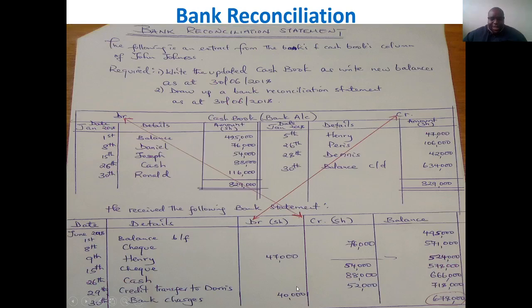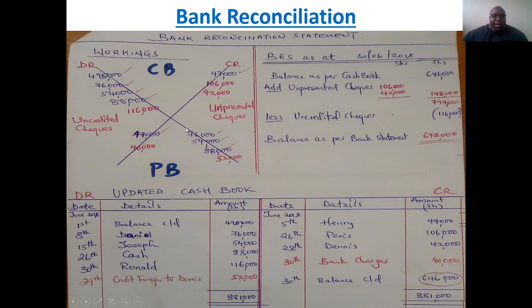Then, on the credit side, we record those transactions that have not been reflected or that should be there.